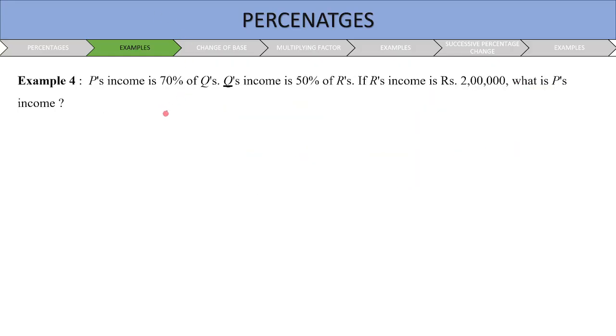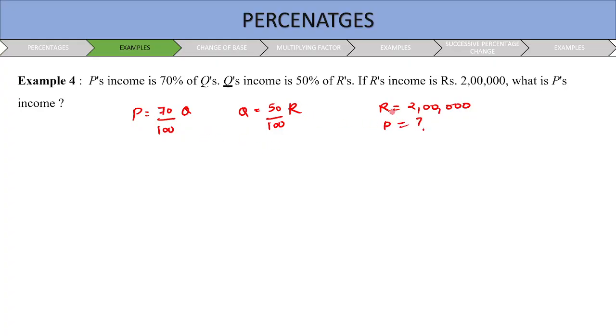P's income is 70 percentage of Q's income, and Q's income is 50 percentage of R's income. And they have provided that if R's income is 2 lakh, then what is P's income? Okay.